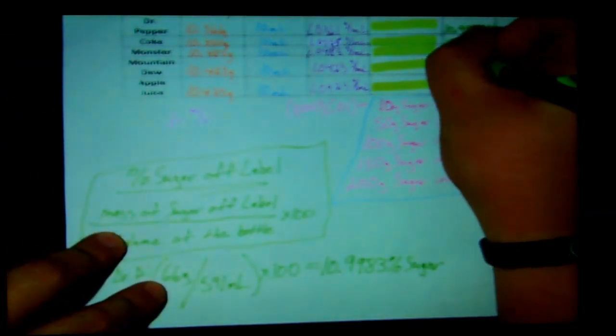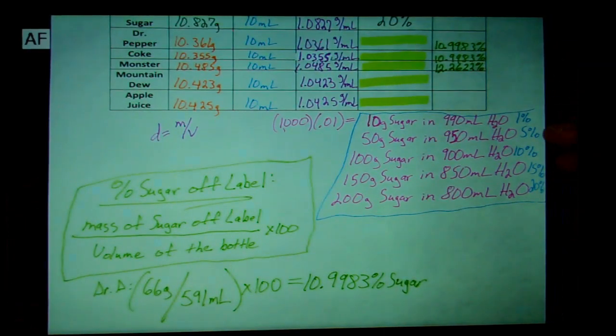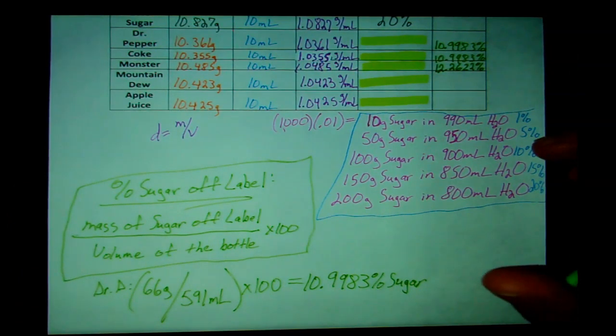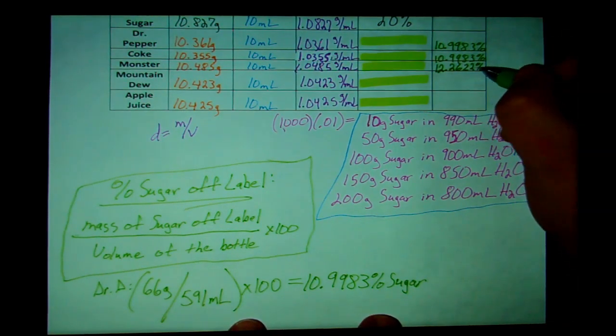Okay, so you take that, do that math, and you will find Monster to be 12.262%. 58 grams, 473 milliliters. So you get 12.2622%.